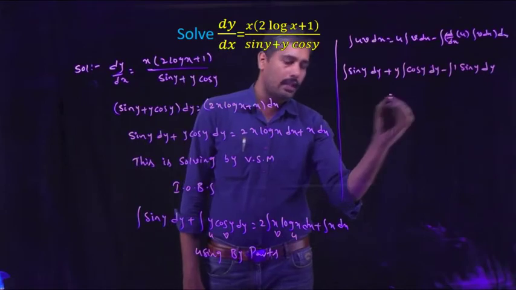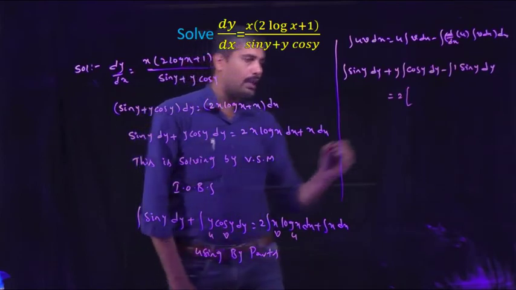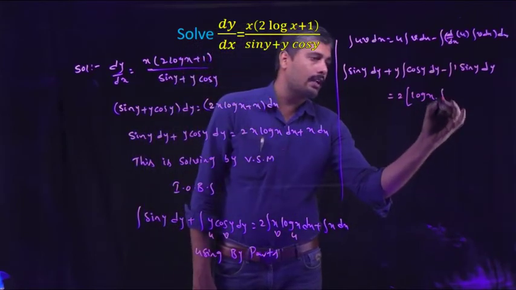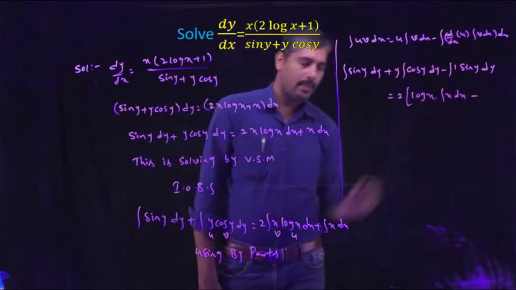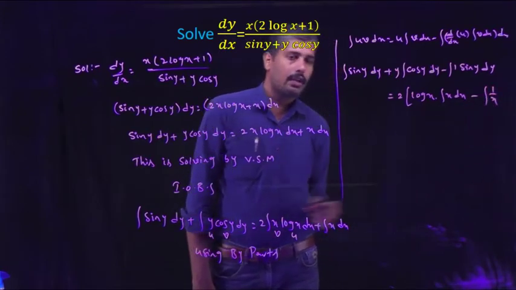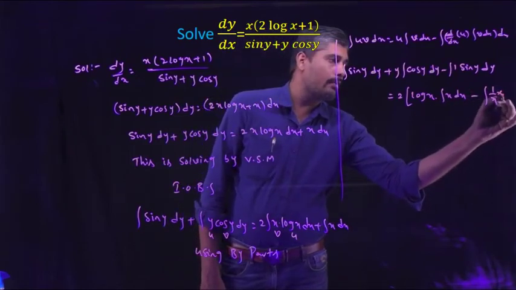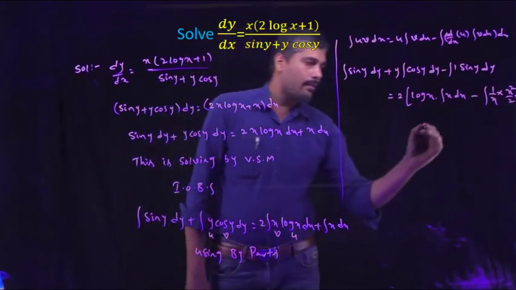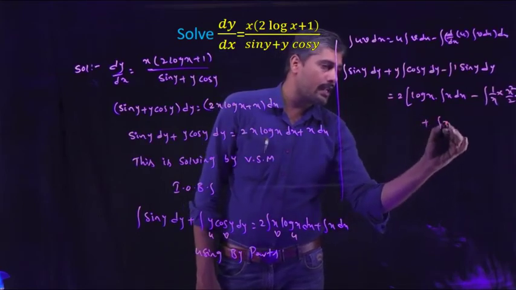Equal to 2 into u, that is log x, into integral x dx, minus integral of the derivative of log x, which is 1 by x, times the integration of x, which is x square by 2, dx, plus the integration of x dx as it is.